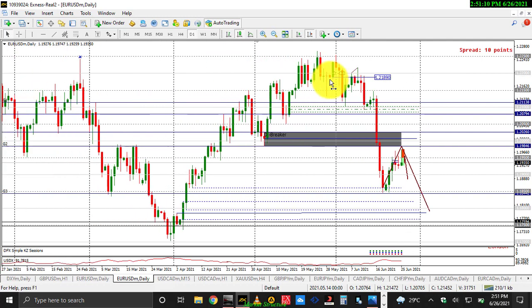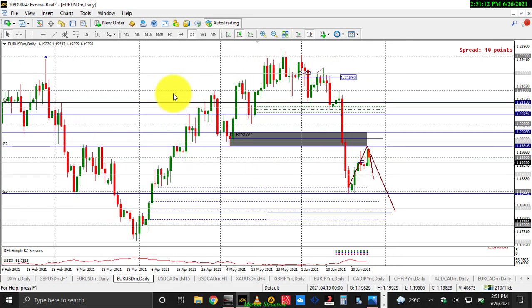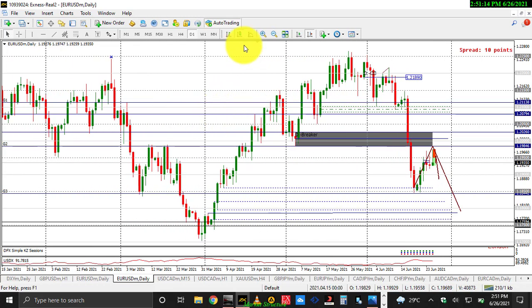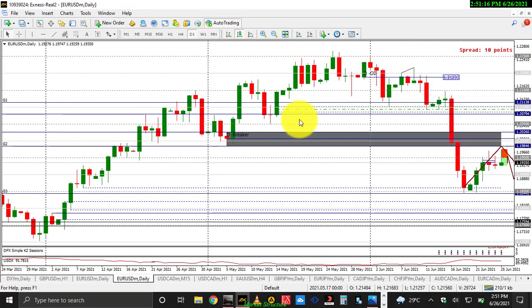Let's start from the higher time frame. Anytime you are considering market structure, you want to get a swing high and a swing low. Whichever one is broken is where price is most likely to go.